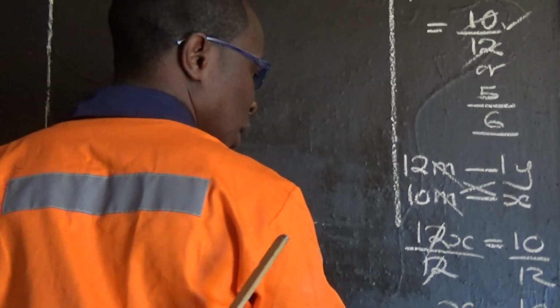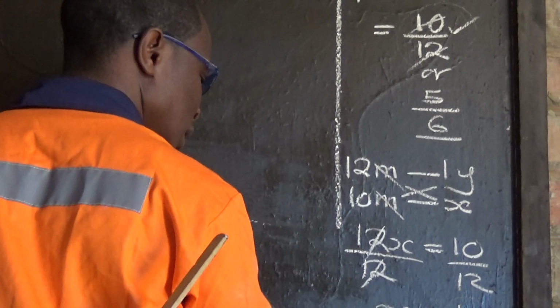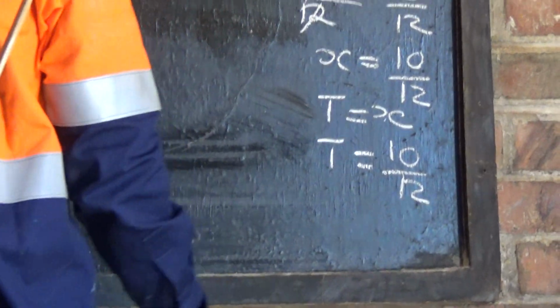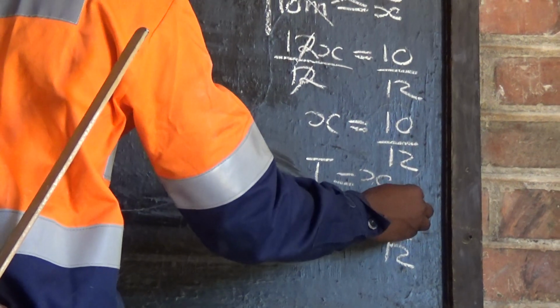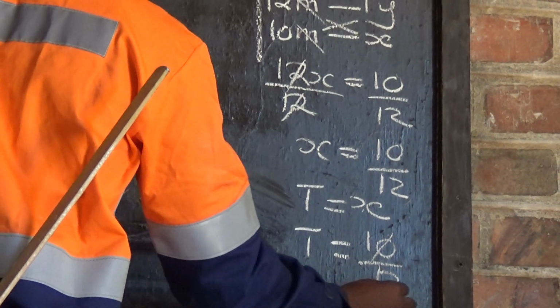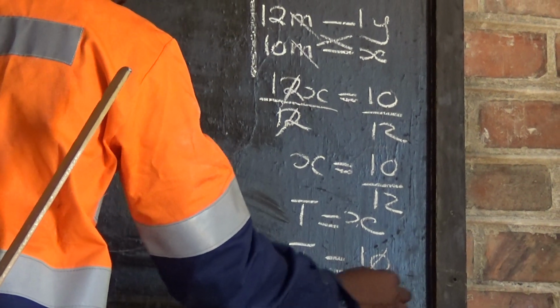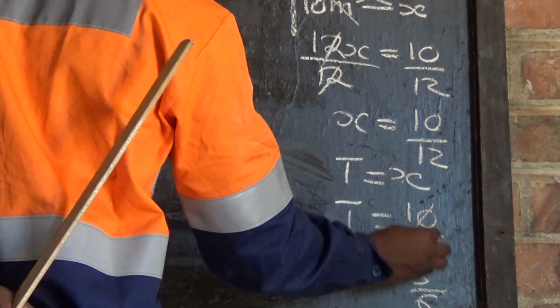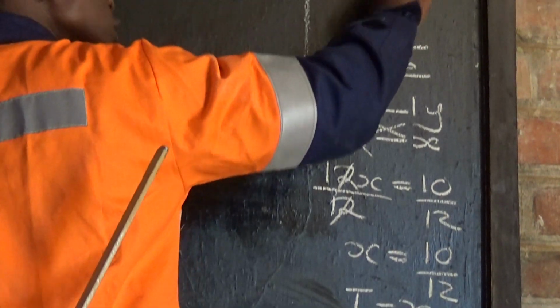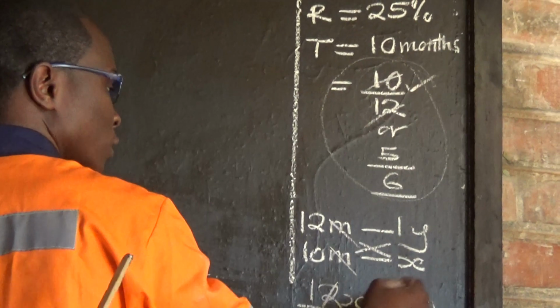So you can say t is equal to x, and t is equal to 10 over 12. Which can also be reduced: 2 into 10 is 5, then 2 into 12 is 6. So this is the time. So this is why I got this. Okay? I was just showing you why.